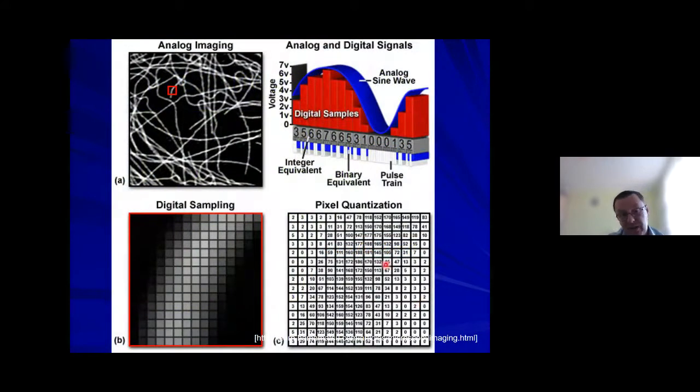And in the case of a practical example of how it can look for a medical image, we have the analog image at the top left, and we enlarge a small part, which is selected here by red.